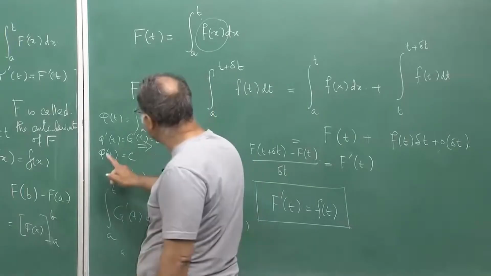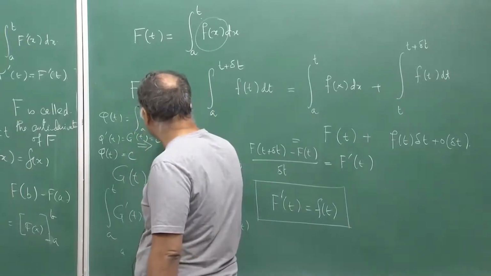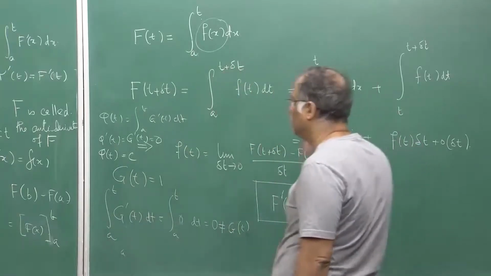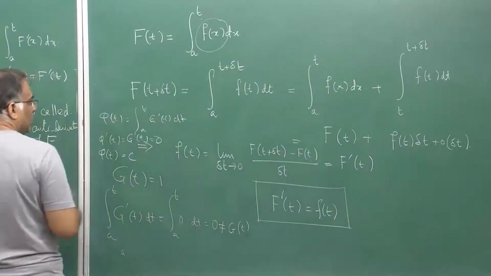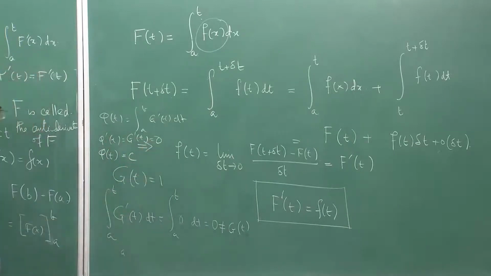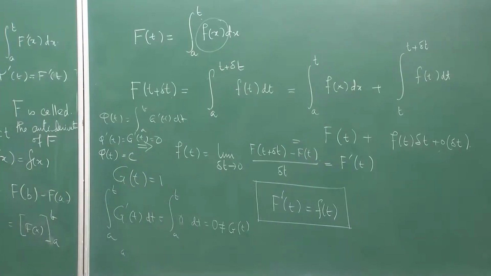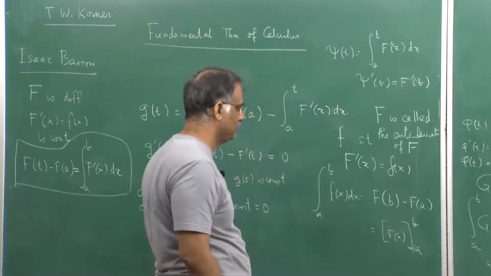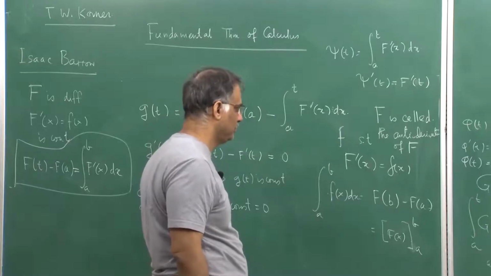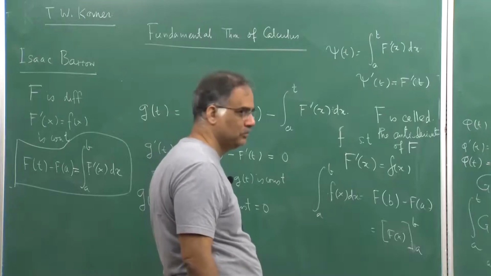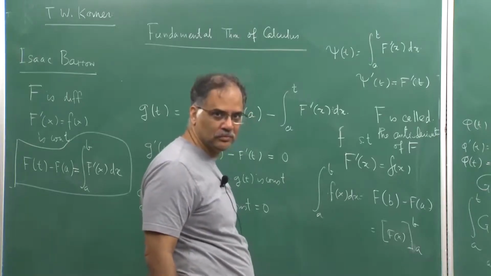So no, the integral a to b f g dash t dt represents this 0 function, because if you call it phi t, then phi dash t should be g dash t and phi t should be equal to c. 0 is actually gt minus ga.